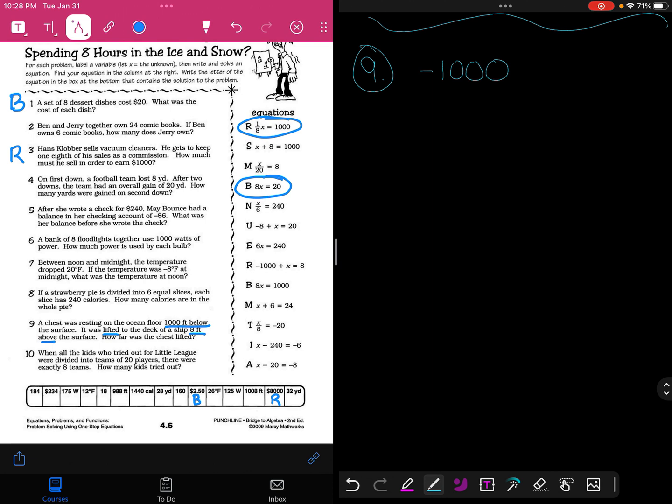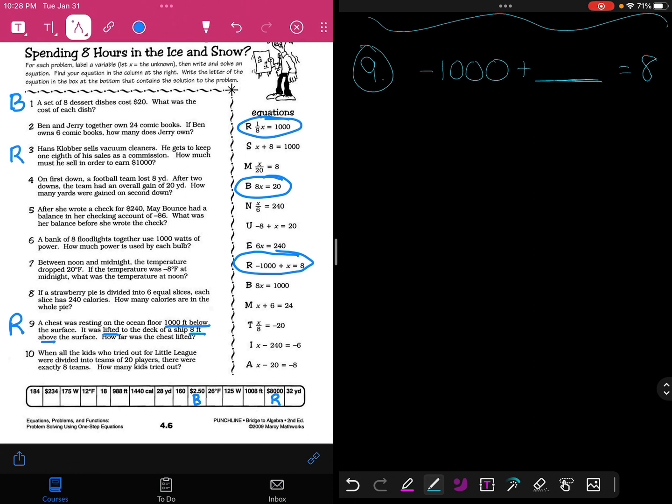And I know that it was lifted a certain amount all the way to the deck of a ship at 8 feet above. So I know that it was added to something to end up 8 feet above. So looking at that, that would match letter R. So R is next to number 9.